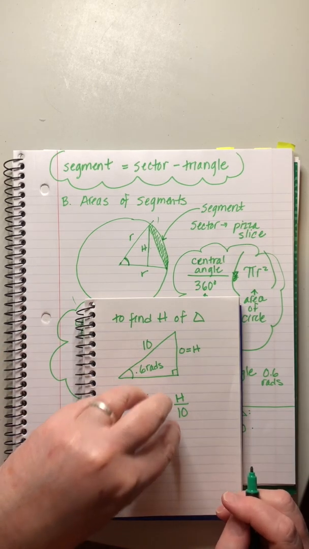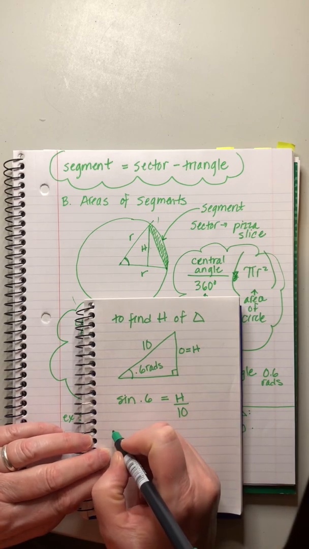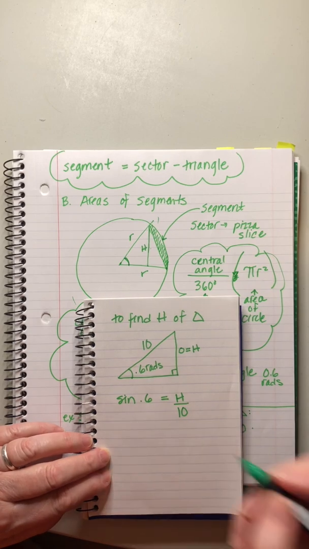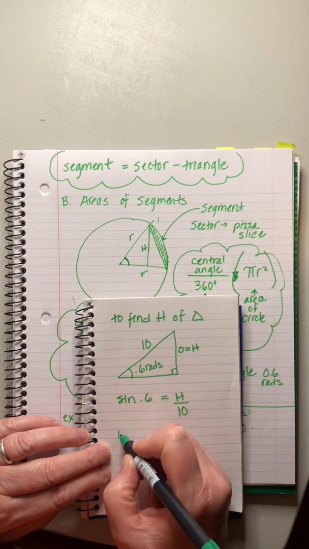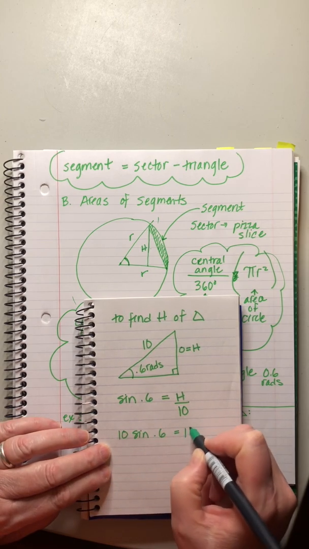Make sense? This is what we just did at the beginning of the lesson. So now we can rewrite that as 10 times the sine of 0.6 equals the height.